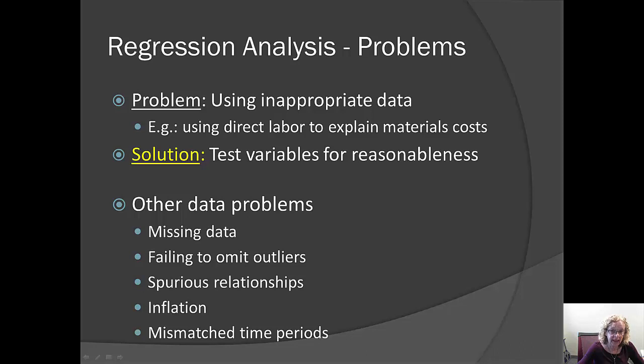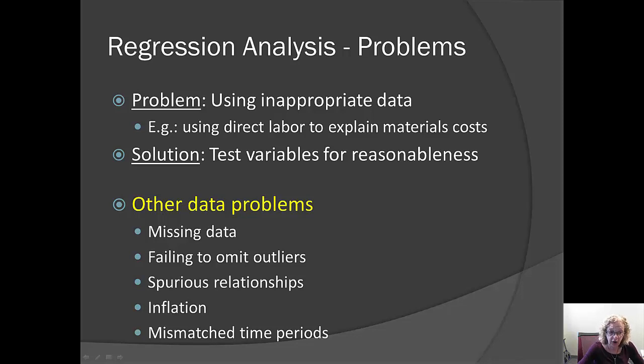Therefore, before we do any regressions, we want to test our variables for reasonableness. Look at them and make sure that the model that we are creating has face validity, makes sense on the face of it. There are some other potential data problems. We may find that we're missing data.